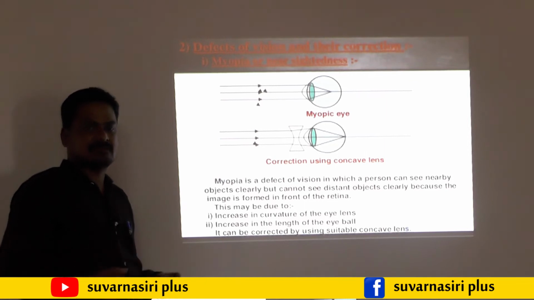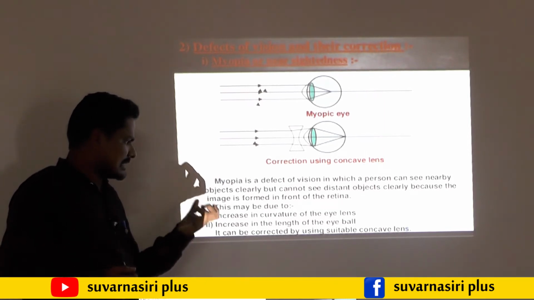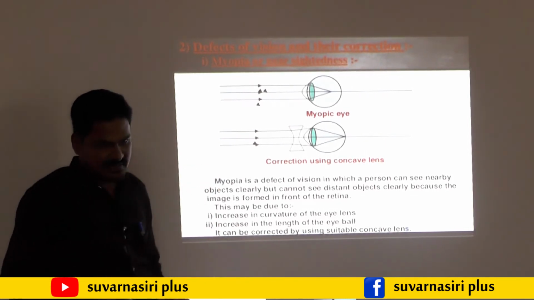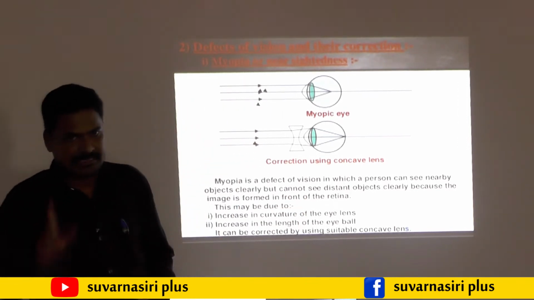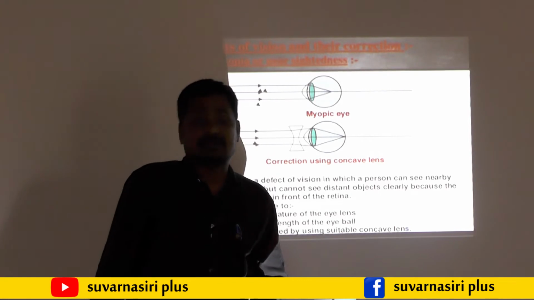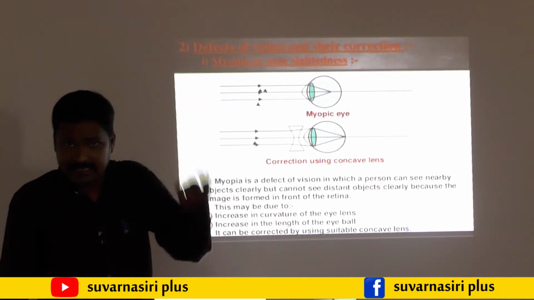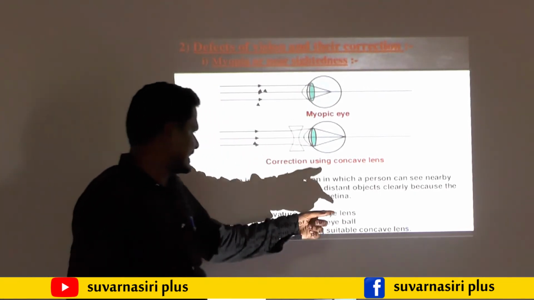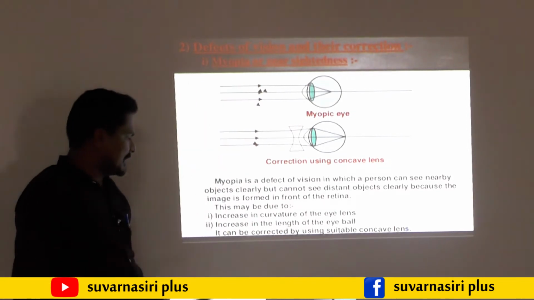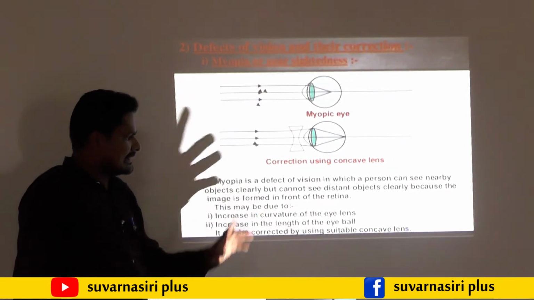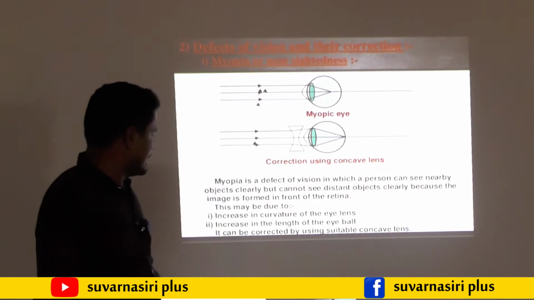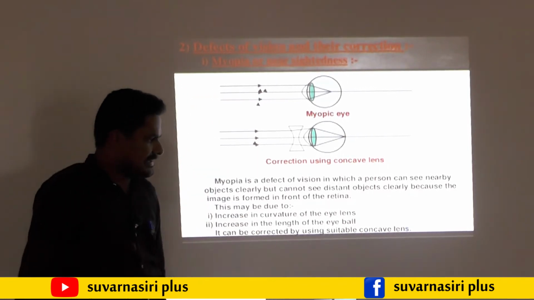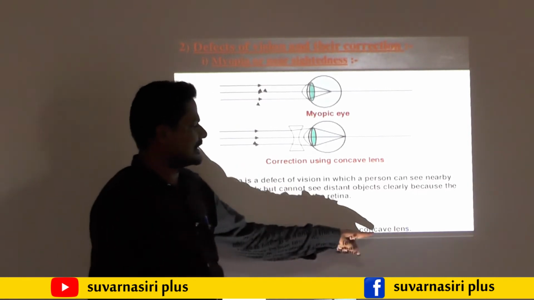Increasing of the curvature of the eye lens, whereas in hypermetropia it is decreasing. Increasing curvature of the eye lens may cause myopia, and so may an increase in the length of the eyeball. It can be corrected by a suitable concave lens.